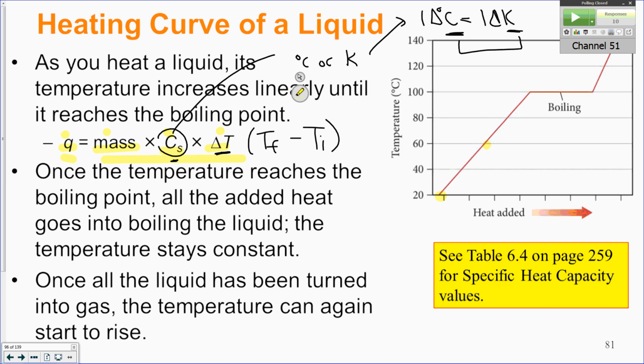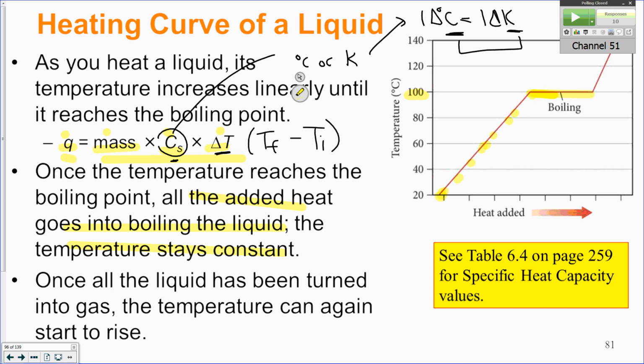As you reach the boiling point, all the heat goes into the boiling of the liquid and the temperature stays constant. So if I have a pot of boiling water at atmospheric conditions, the maximum temperature it can reach is 100 degrees, regardless of how much heat you're putting on it. So if I put some water that's at 20 degrees on the pot, I made some oatmeal this morning, so I did exactly this. It starts heating up to the point where it starts to boil.